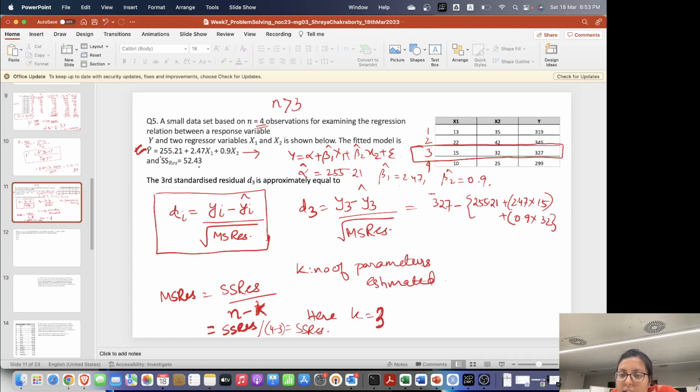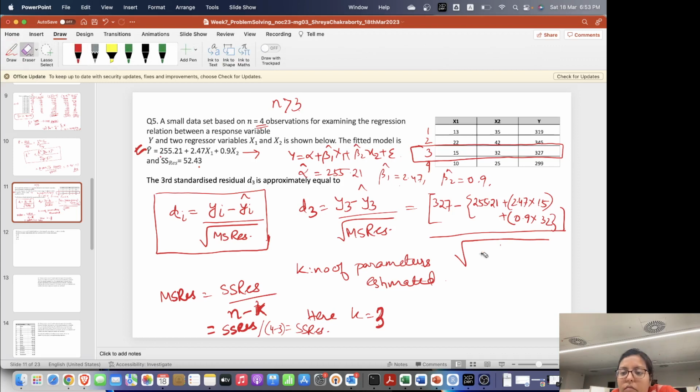So this entire thing divided by square root of ms residual, which is the same as ss residual. And we will just plug in the value 52.43.